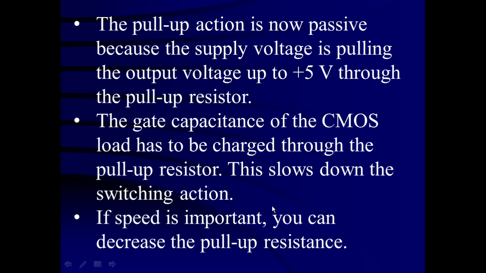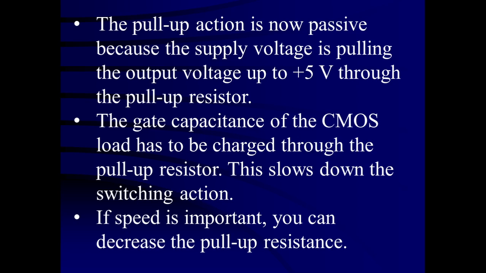So any input capacitance of the CMOS is going to be charged through the resistance of 3.3k ohms, and the RC time constant depends upon the value of this resistance.